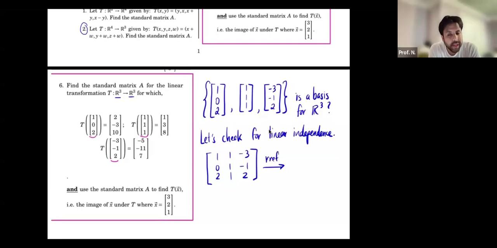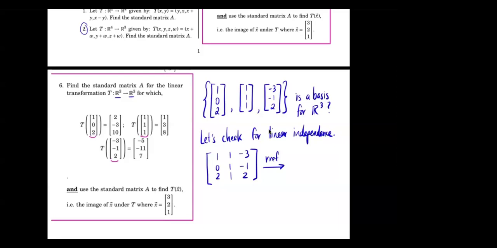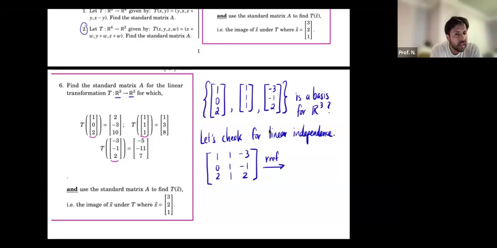And if it's linearly independent, then one thing must be true about the reduced row echelon form. You should get what? No free variables. I mean, all leading ones. Very good. No free variables, which means there must be a leading one everywhere, and there is. You can check for yourself.